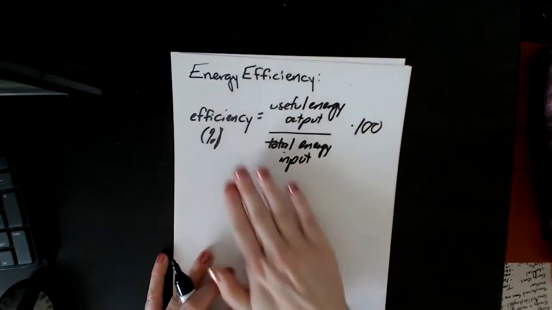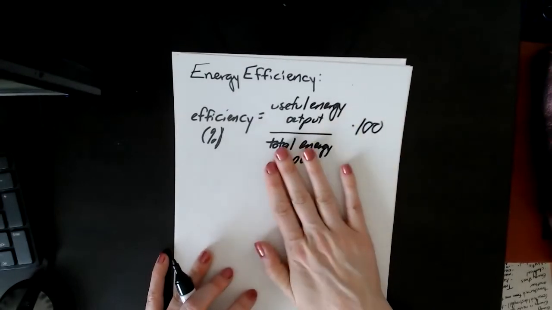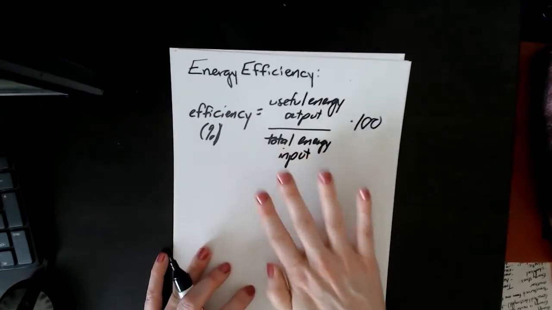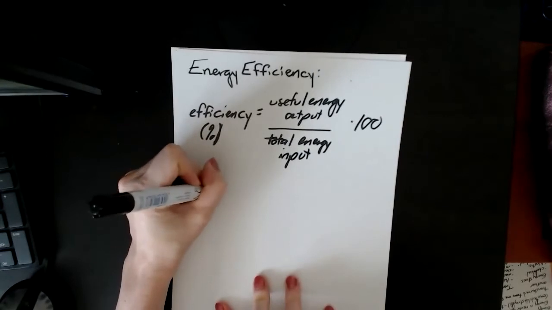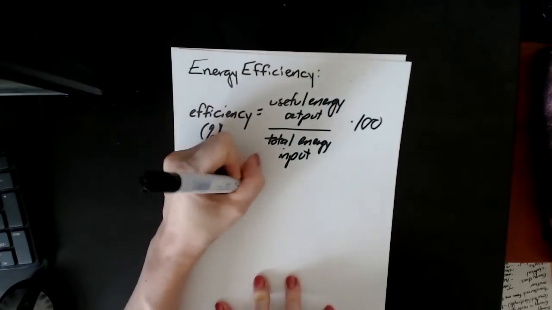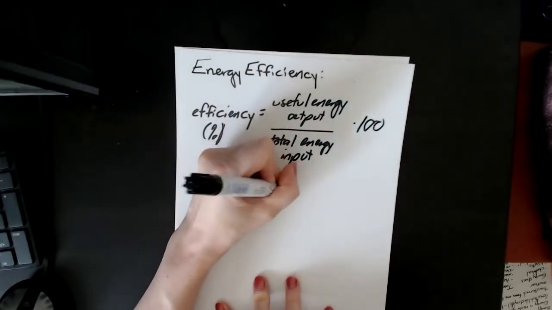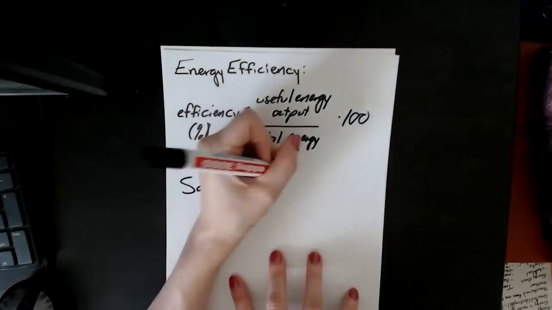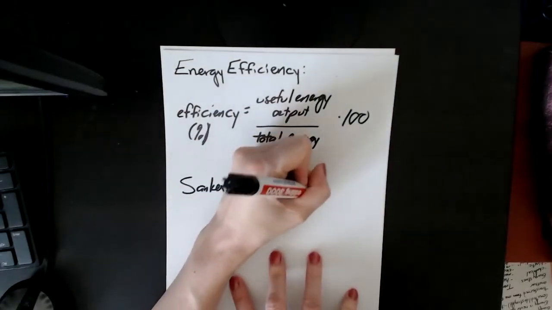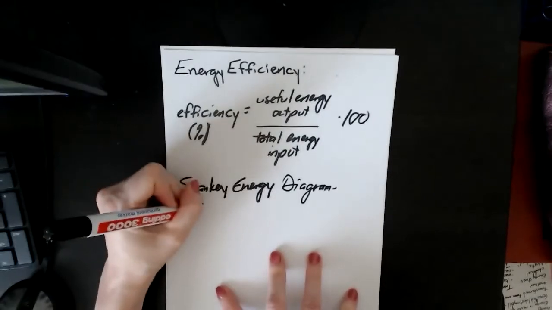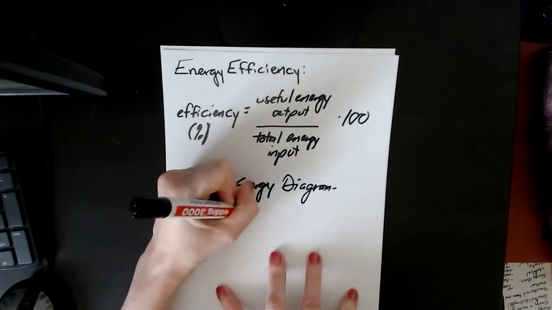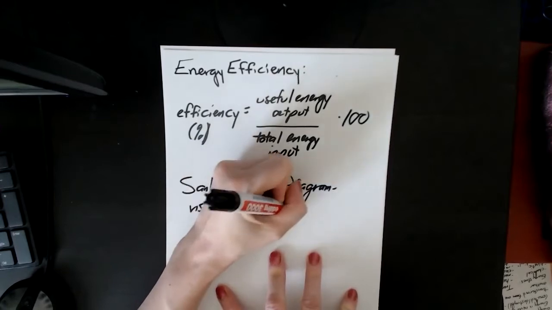Now, along with the energy efficiency formula, you need to be able to draw a Sankey energy diagram. And this is one that a lot of students seem to struggle with. So I'm going to try to walk you through it here and see if it makes any more sense this way around. Okay, so a Sankey energy diagram is a visual representation of transfer of energy.